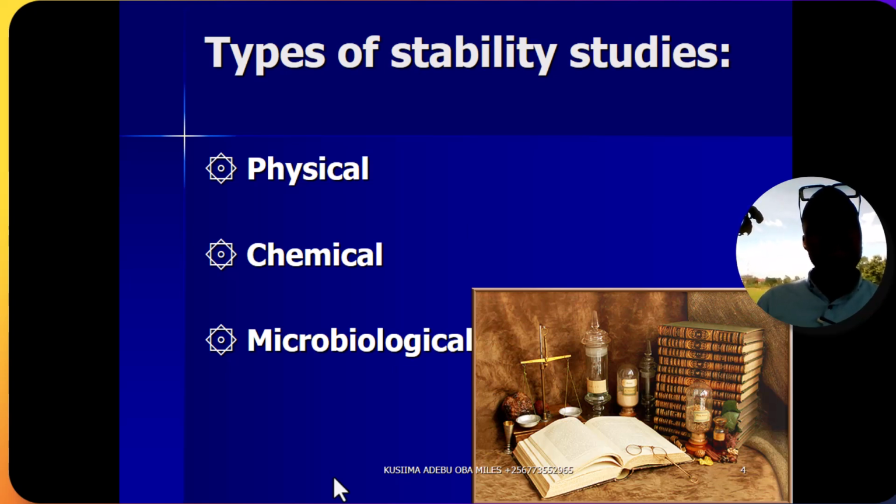You can see how we can estimate various drug stability studies based on their physical, chemical, and microbiological concentrations. These are the three stability studies: physical, chemical, microbiological. As you read, please be able to explain all these three: chemical, physical, and microbiological stability studies.